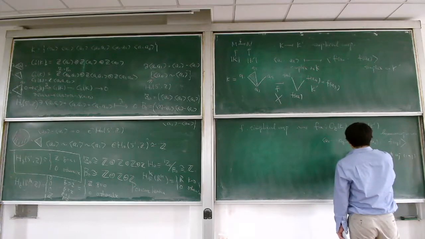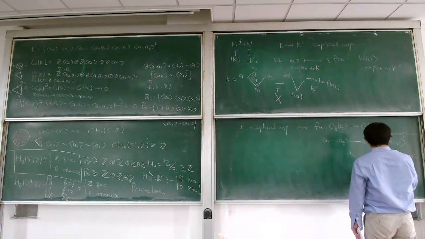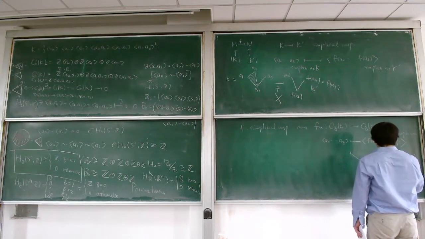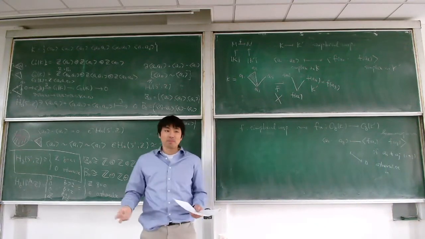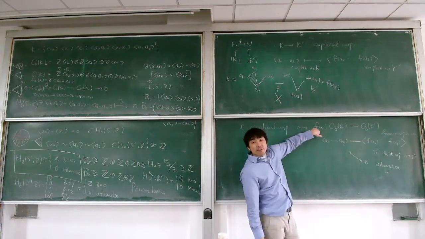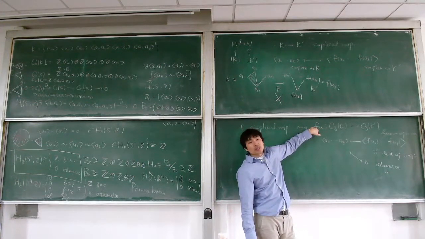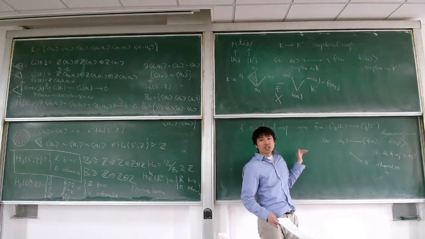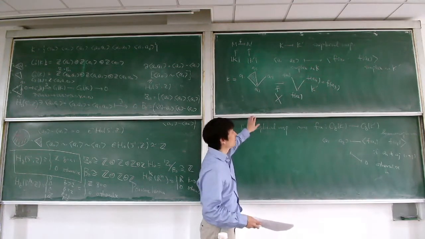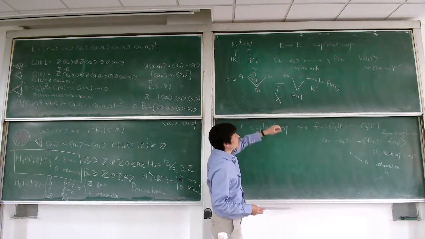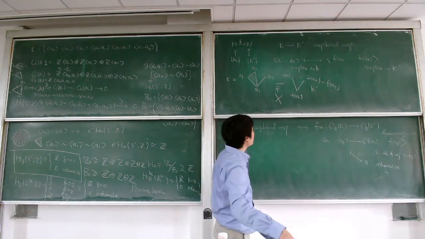Otherwise, 0. What does it mean? If F keeps the dimension of the simplex, it's okay. Just keep it as it is. Otherwise, you just get 0. That's what you mean. So let's look at the example upstairs.